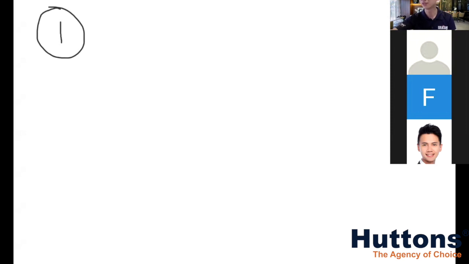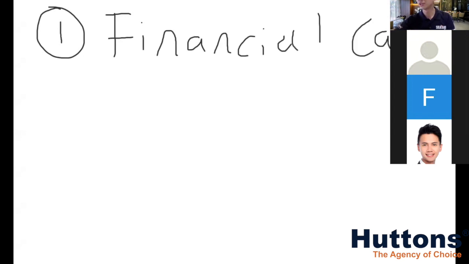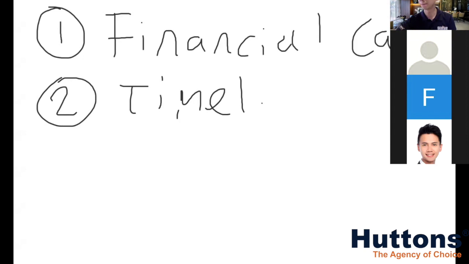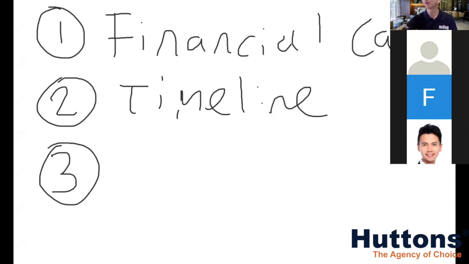Today, the first thing you want to do is your financial calculation, I can straight away write financial calculation. Then you just do up an example for them. Then second, you have to do a timeline for them. You need to sell and buy. Then after that, third, this financial calculation is more for the selling.